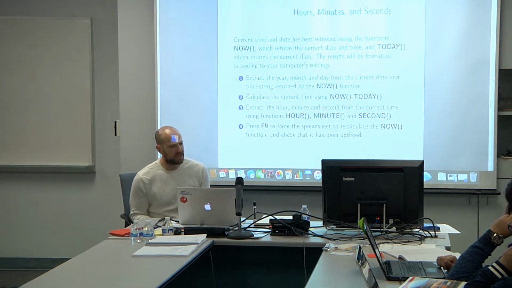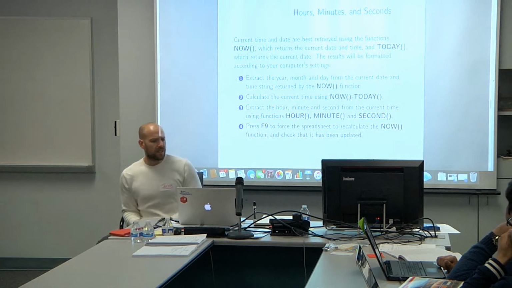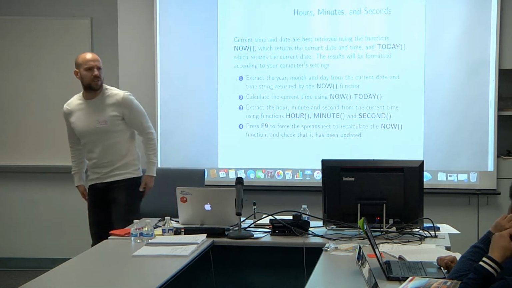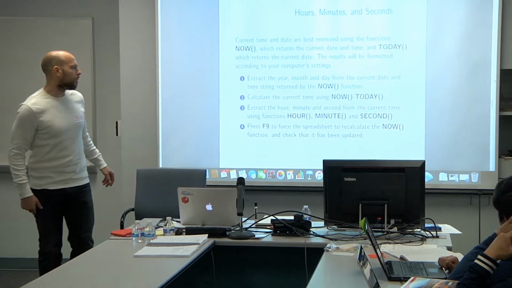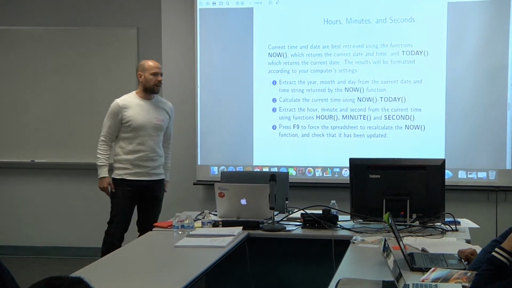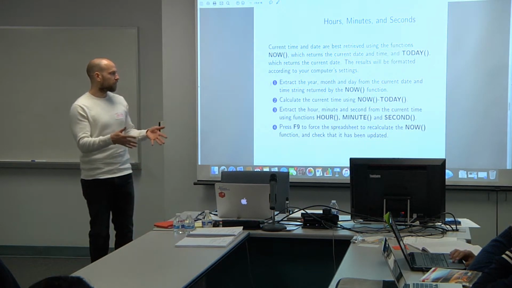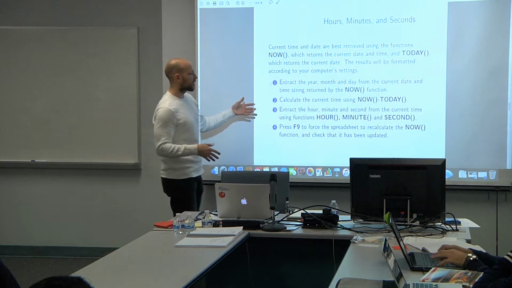I want you to try and use the now and today functions to calculate the current time, and then I want you to pull the hour, minute, and second out of that current time. We can create a new column that is the current date with the now function.